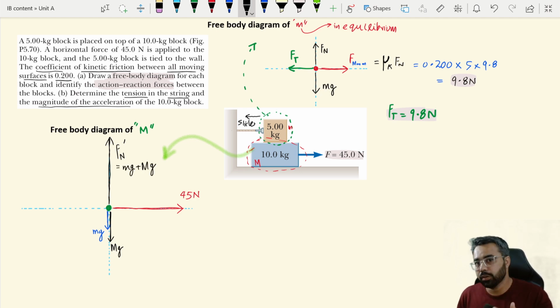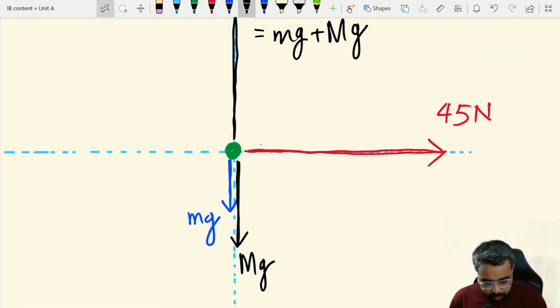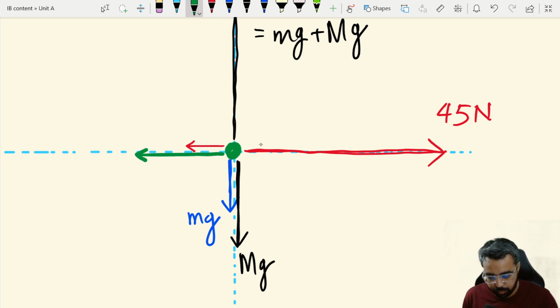What are the other two forces that you should not miss in this diagram? The one is the force of friction. You remember I told you this is the force which is applied in this direction, and the one force that is applied in this direction also. These two forces are forces of friction.